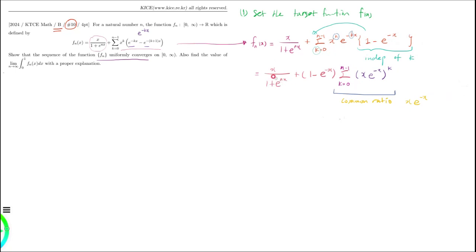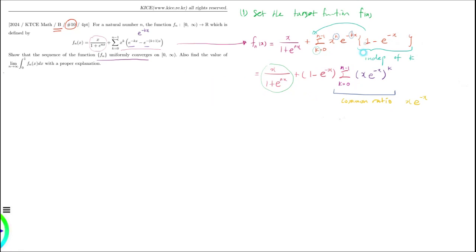And my apologies for what I said: this is not a rational function, this is just a fractional function. A rational function is of the form p of x over q of x, and both p of x and q of x should be polynomials. This is not a rational function.